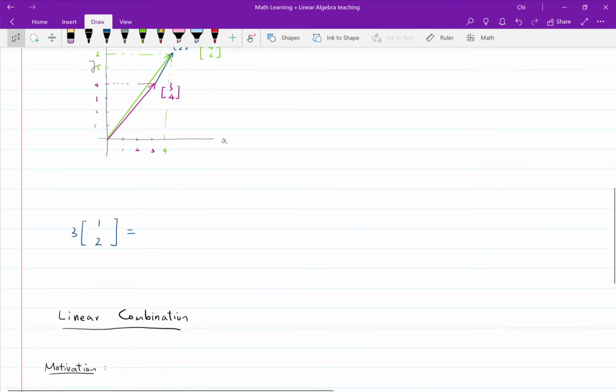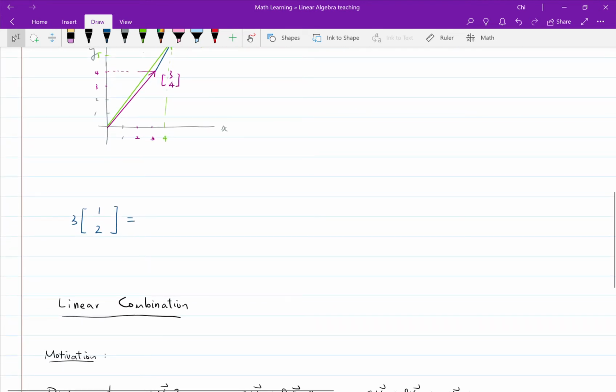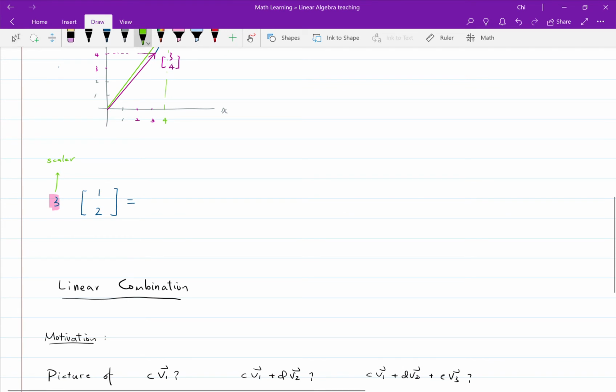And then we also have what we call scalar multiplication. So what is a scalar first? Well, it's basically one number. So in this case, the 3 here is a scalar. And here's 3 multiplied by the vector 1, 2. So intuitively, what would you do?